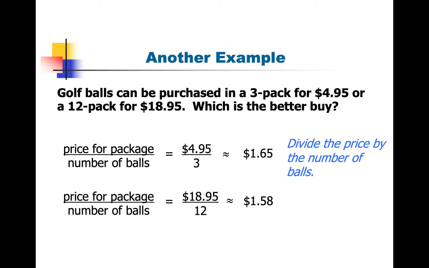So if we compare the two, $4.95 for a 3-pack is the same thing as $1.65 per golf ball. And $18.95 divided by 12 gives me $1.58 per golf ball. So the 12-pack ends up being the better buy.